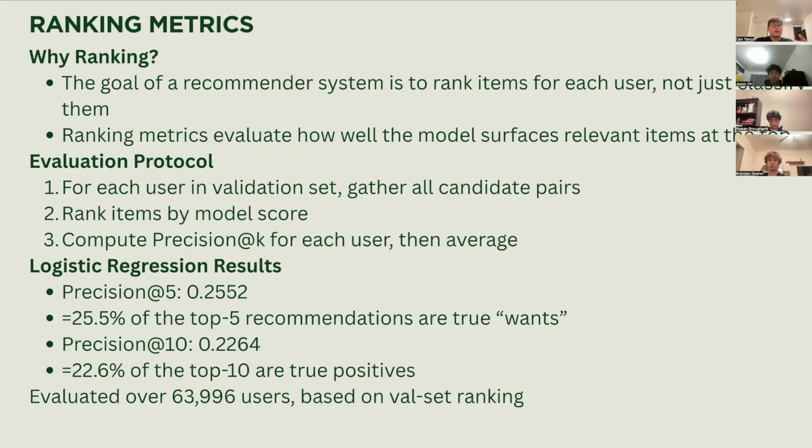At P at 10, we have 0.2264. These scores are meaningful because the model leverages popularity to push high demand items to the top and uses user and interaction features to refine personalization. This combination explains why we achieve over 25% correct wants inside the top 5 recommendations, which is competitive for a sparse behavioral data set like this one.